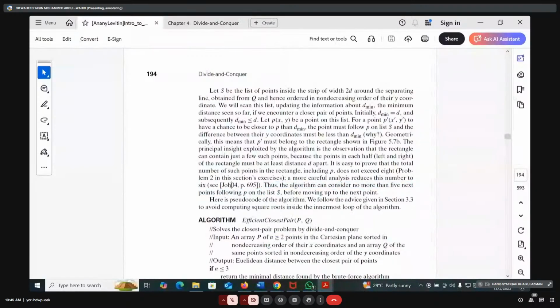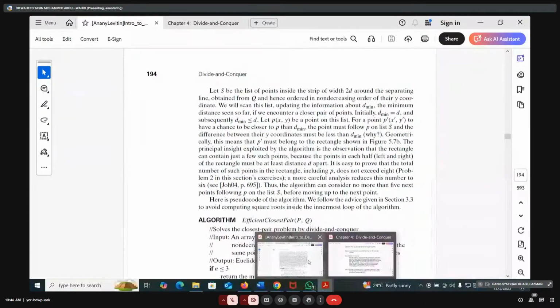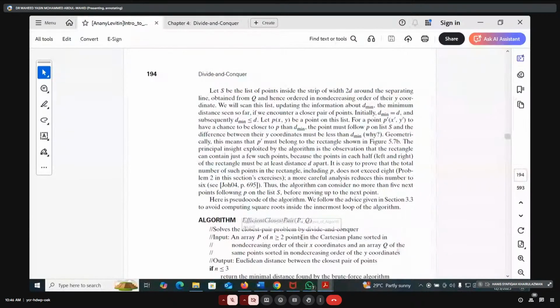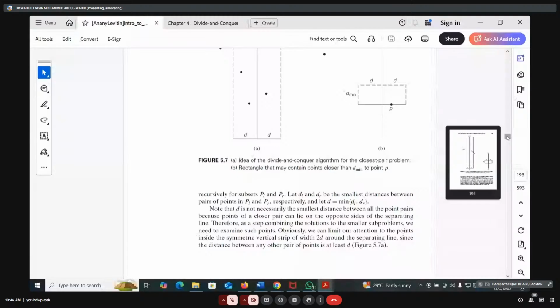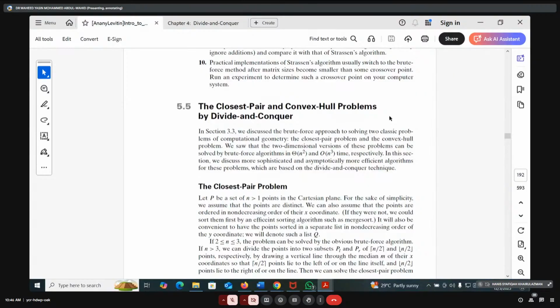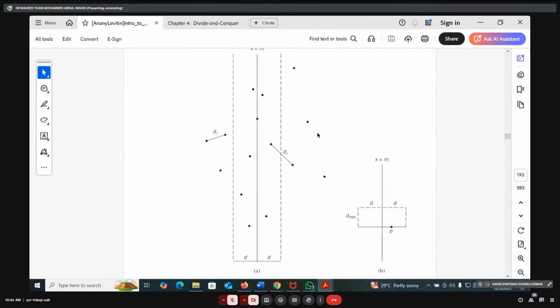So here, what does it mean? I have these points, assume p1, p2, p3, p4. I will compare each point with the 5 points coming after it.